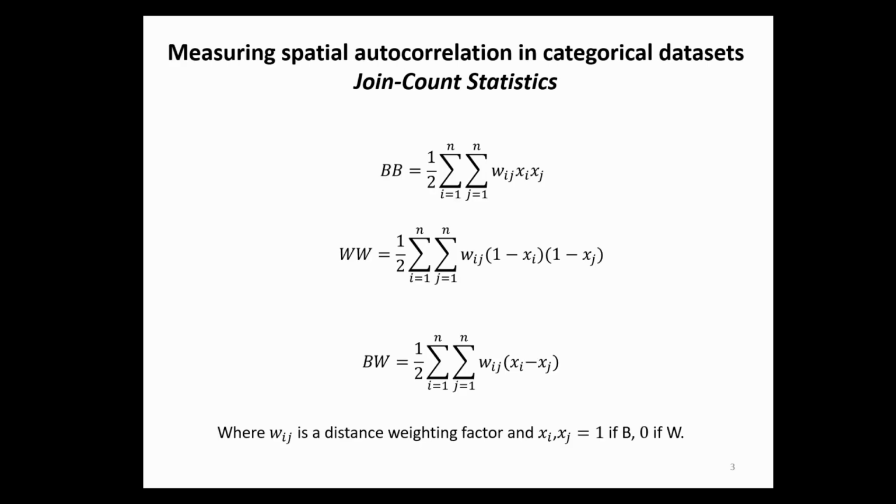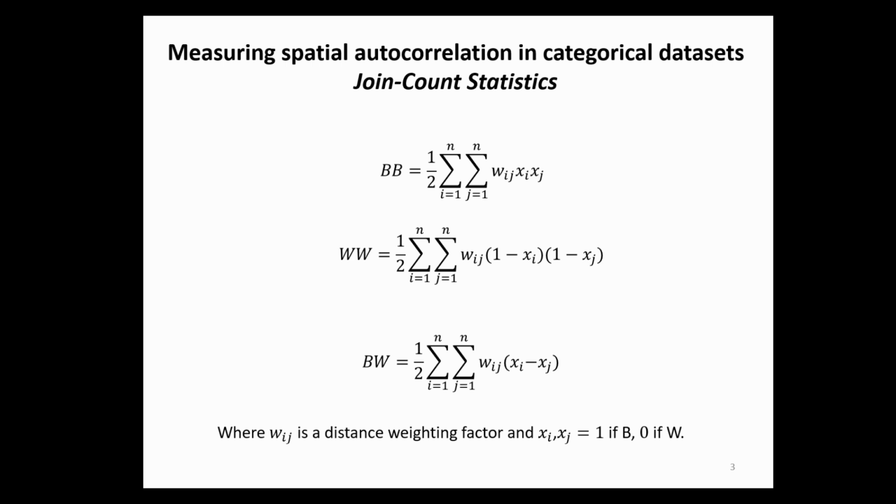There is a well-established statistic called joint count statistics, which explores global spatial autocorrelation for categorical variables, namely BB or WW, because the idea is that you have black cells and white cells.